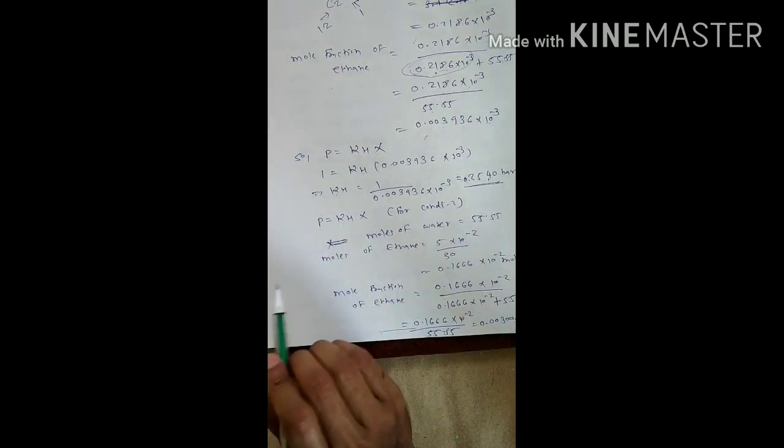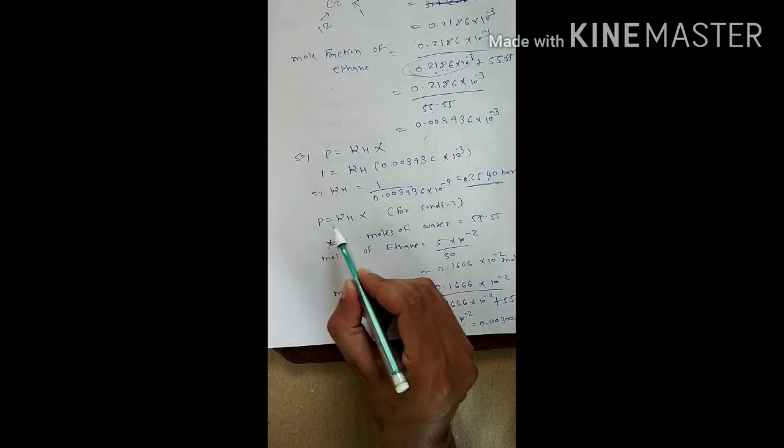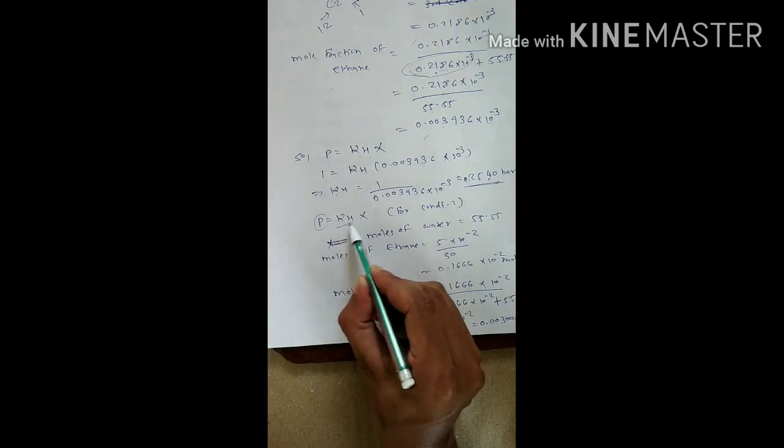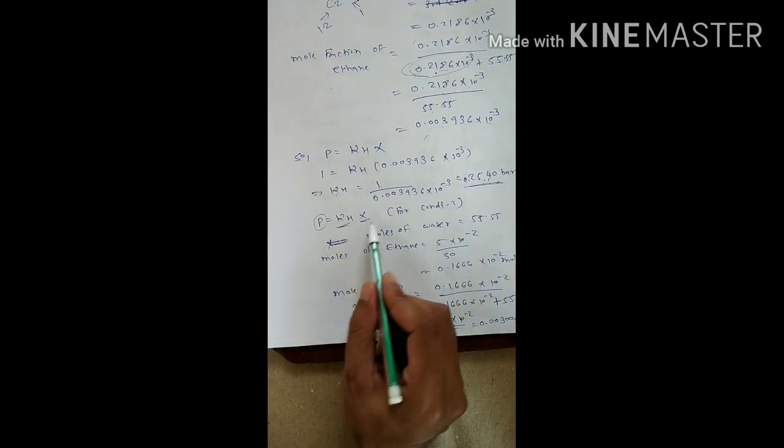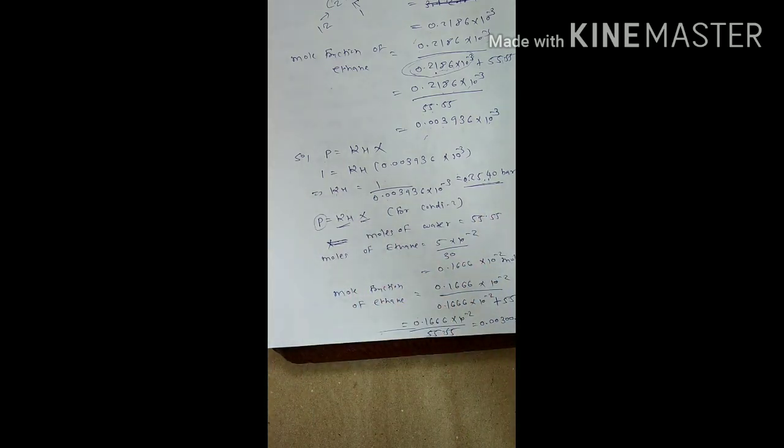Okay. Now for the second condition, the same formula we will use. For the second condition, we want to find out pressure. The Kh value we derived, and the X value, the mole fraction, we are going to find out. So for the second condition also, suppose the mass of water is 1000 gram.